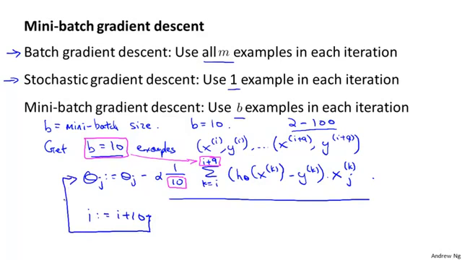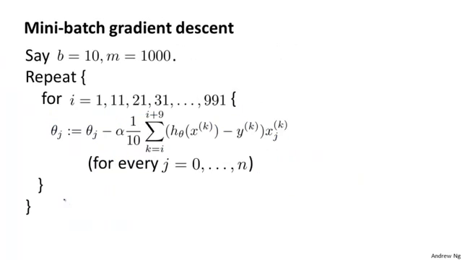So just to write out the entire algorithm in full, in order to simplify the indexing, I'm going to assume we have a mini batch size of 10 and a training set size of 1,000. What we're going to do is have this for loop, for i equals 1, 11, 21, so stepping in steps of 10, because we look at 10 examples at a time. And then we perform this gradient descent update using 10 examples at a time.